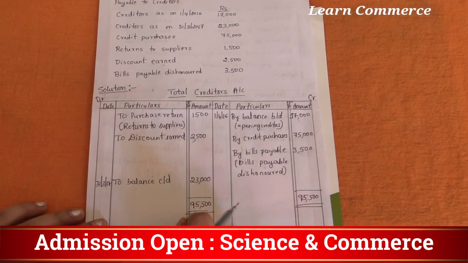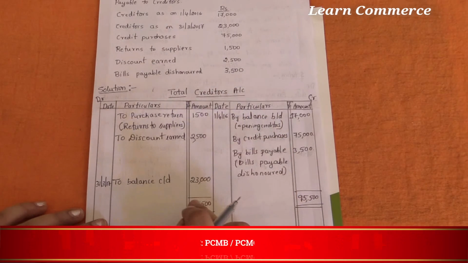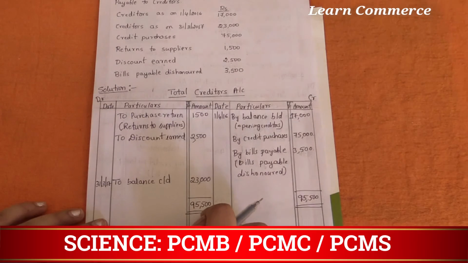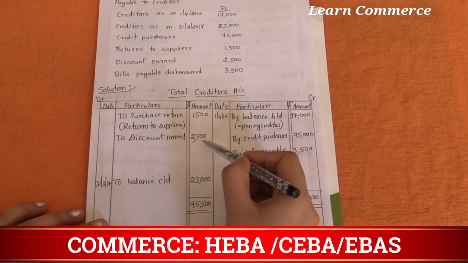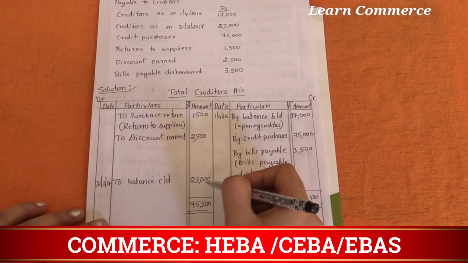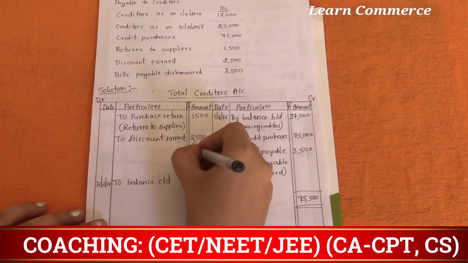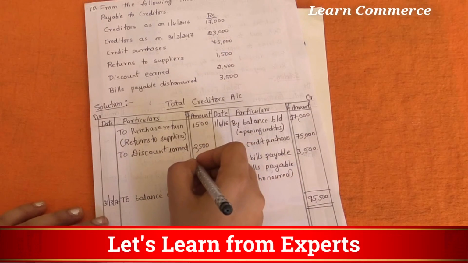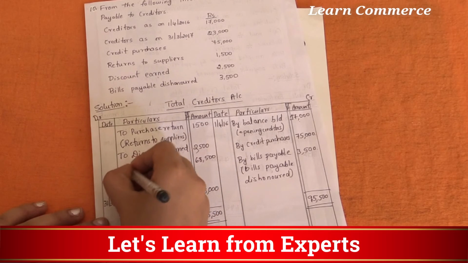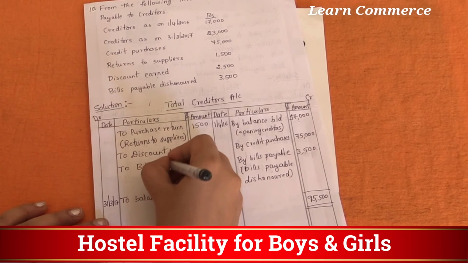Now from 95,500 you have to deduct these three amounts, that is 95,500 minus 1,500 minus 2,500 minus 23,000. So you get the balance here, that is 68,500.